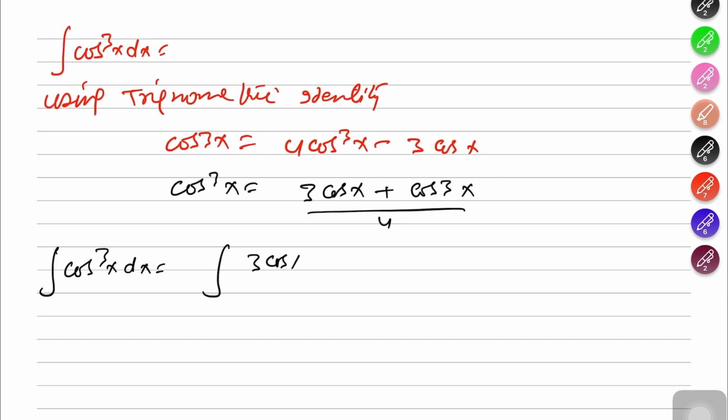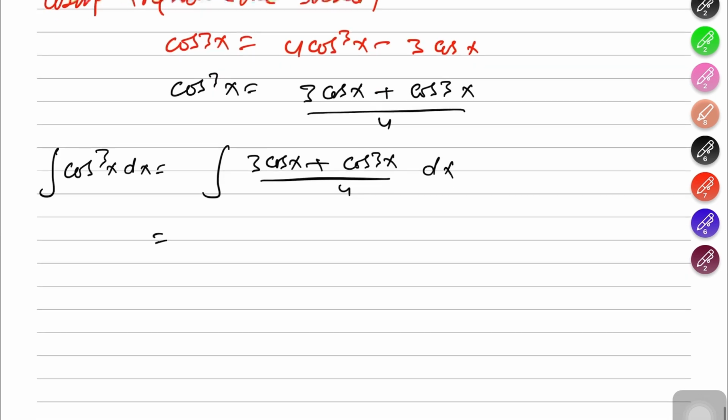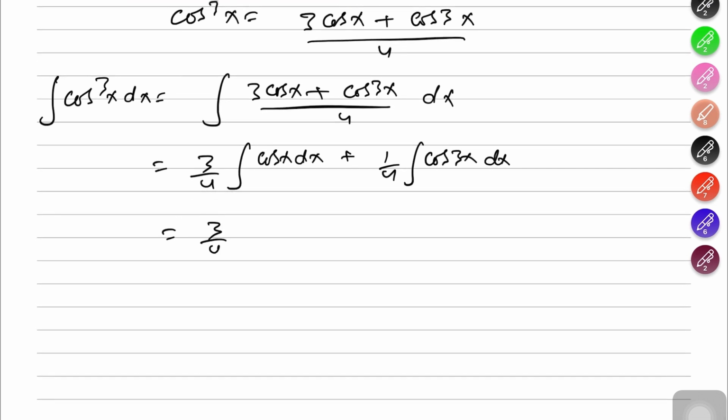the integration of (3 cos x plus cos 3x) upon 4 dx. We can break it like this: 3 by 4 cos x dx plus 1 by 4 cos 3x dx. That simply means 3 by 4 times the integration of cos x, which is sin x, plus 1 by 4 times the integration of cos 3x, which is sin 3x upon 3, plus constant.